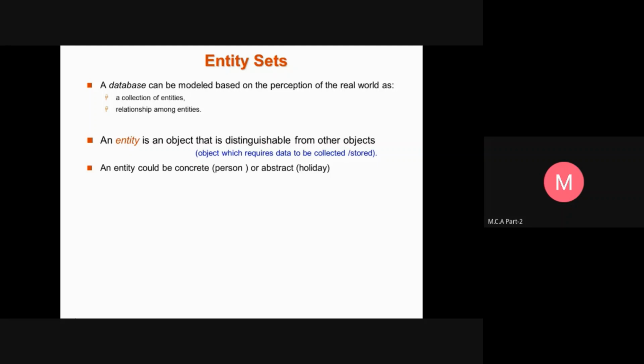If you realize, we did not capture the university as an object or as an entity. The reason for this is because we were actually describing a particular university, so it was an intrinsic entity within the ERD itself. So we didn't need to capture it because we were designing it for a particular university.